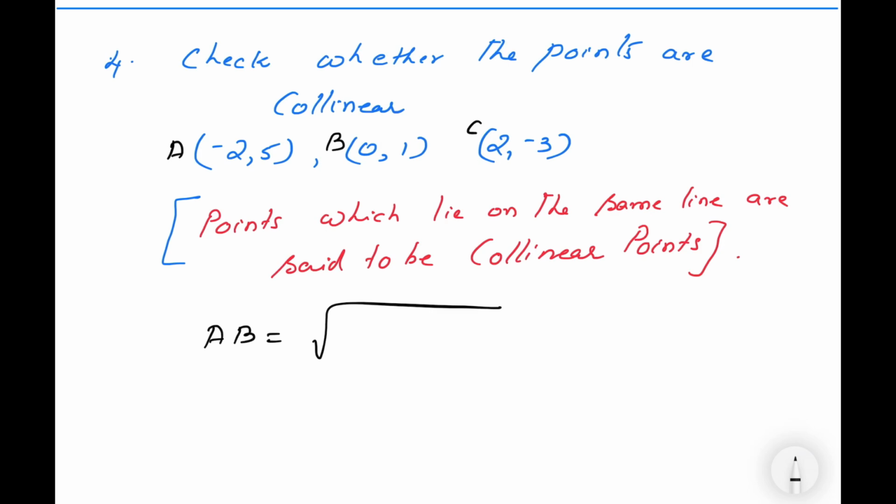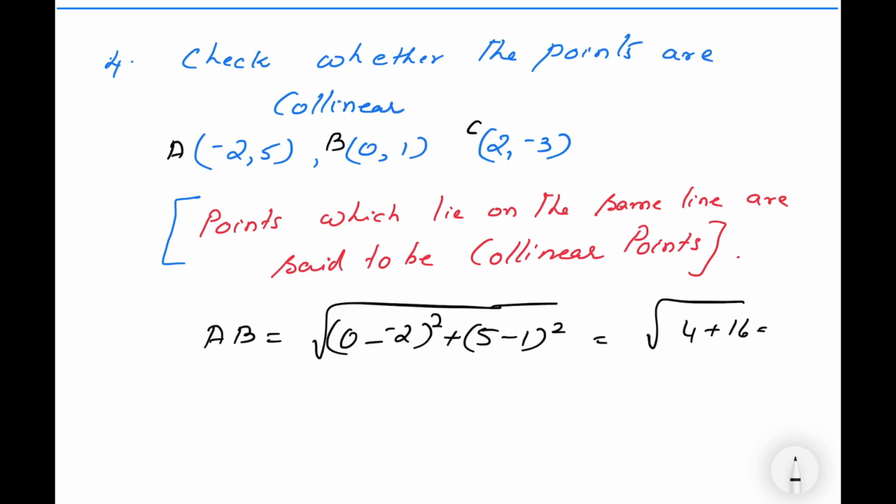AB is equal to root of (0 minus minus 2) the whole square plus (5 minus 1) the whole squared. So this will be root of 4 plus 16, equal to root 20.